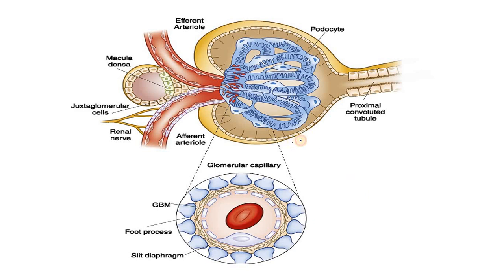Now let's move to the picture I'm giving here. This is the structure of glomerulus or Bowman's capsule. I'm writing it here: Bowman's capsule or glomerulus.